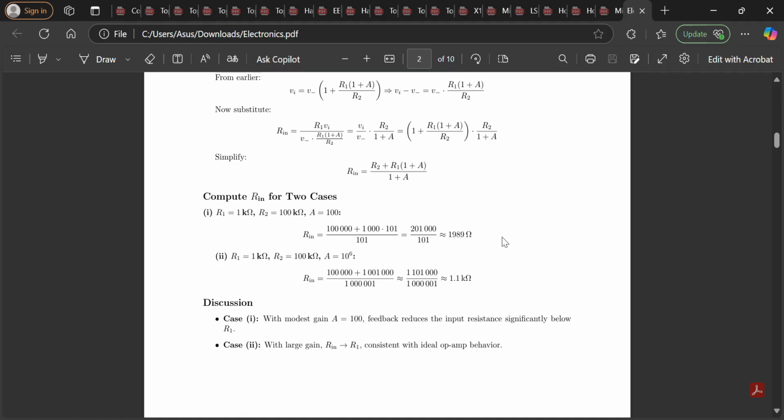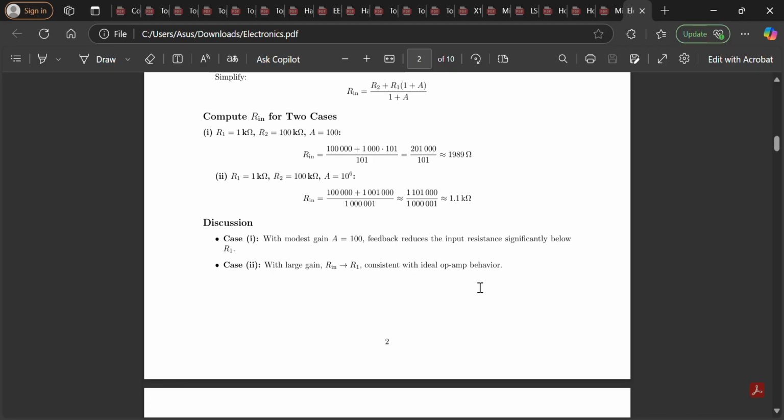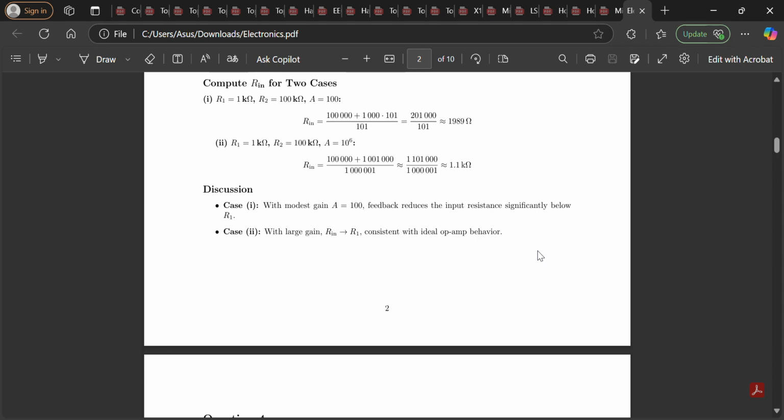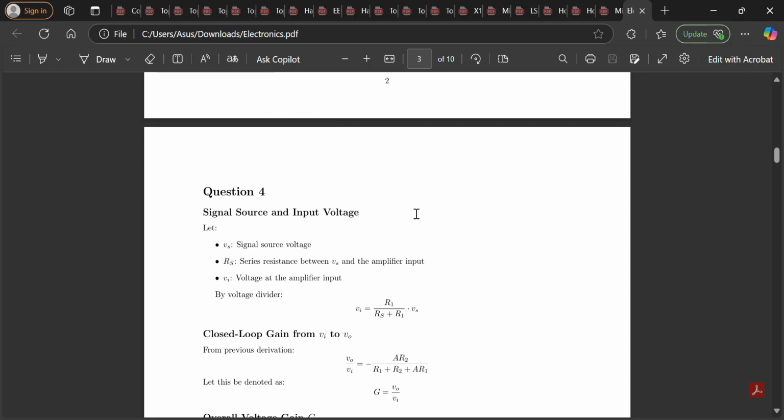One was 1989 ohms and the other was 1.1 kilo ohms. With modest gain, feedback reduced the input resistance significantly below R1. With large gain, input resistance becomes R1, consistent with ideal operational amplifier behavior.